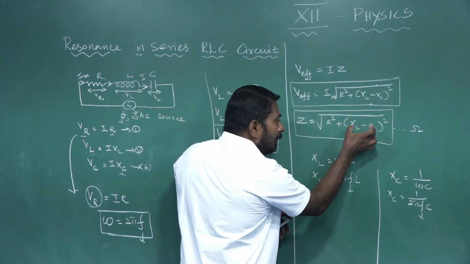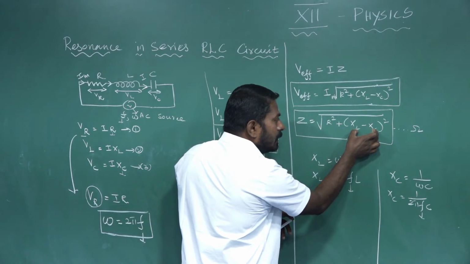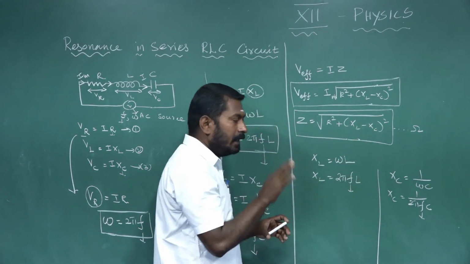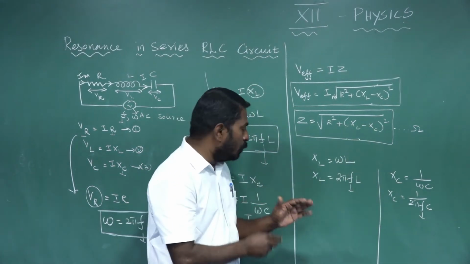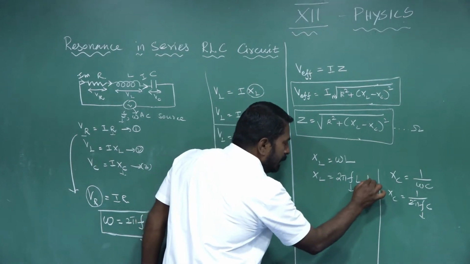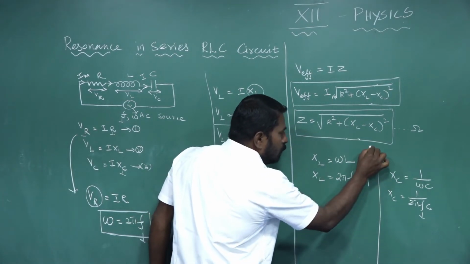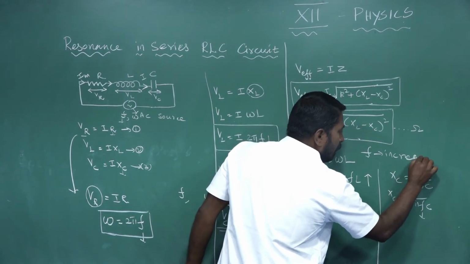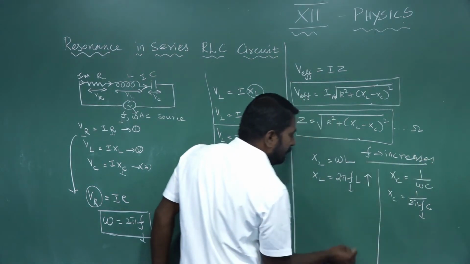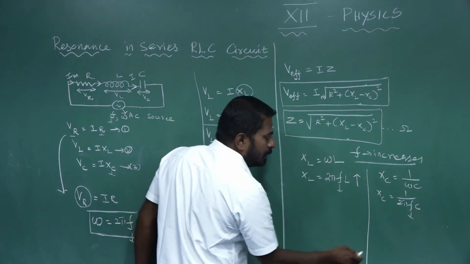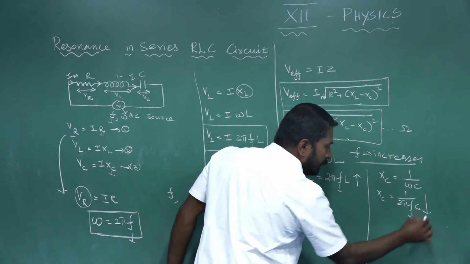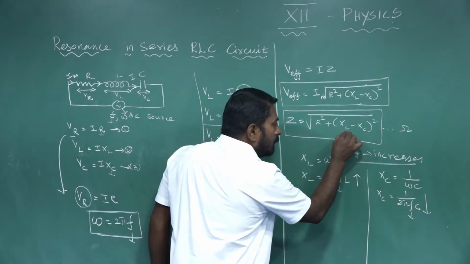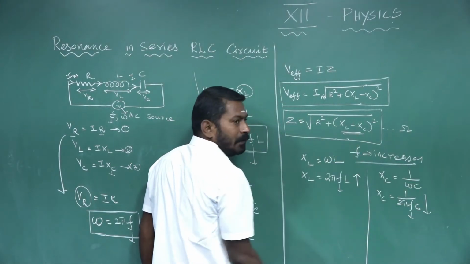Hence, the net reactance of the series RLC circuit goes on decreasing. That is a very important thing to keep in your mind. Inductive reactance increases if frequency increases, capacitive reactance decreases, so the net reactance value decreases.